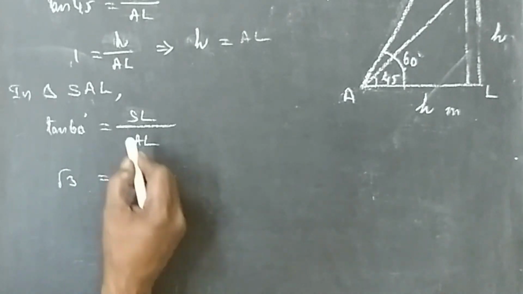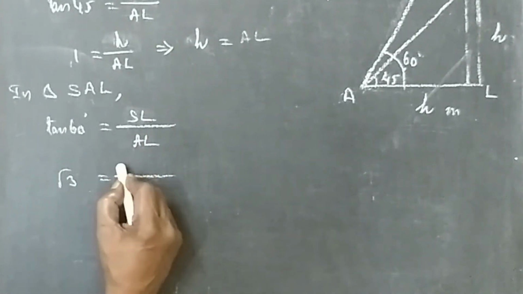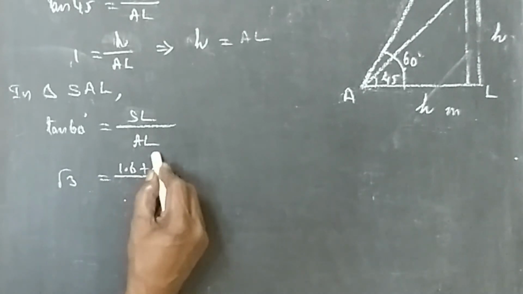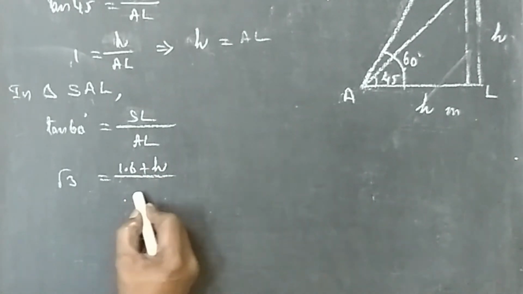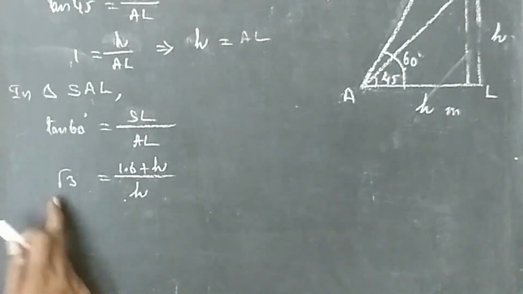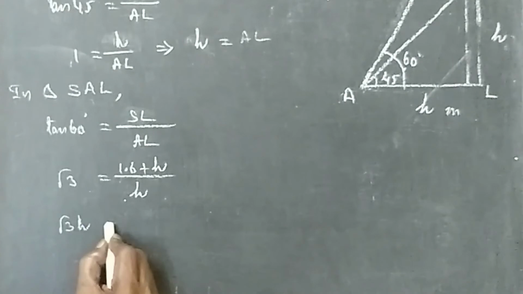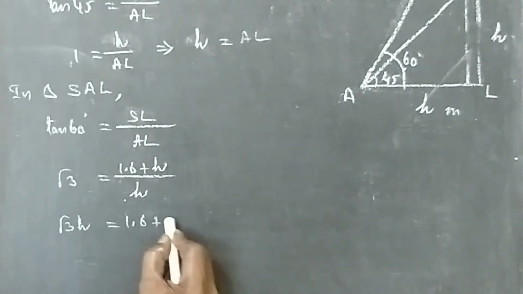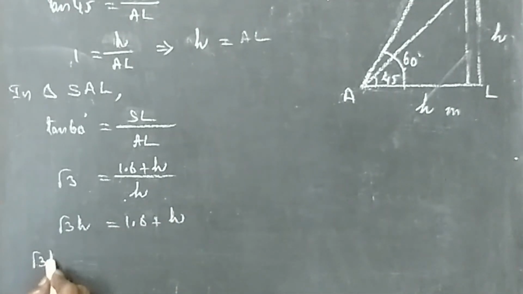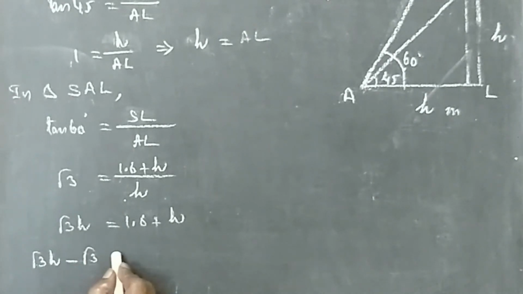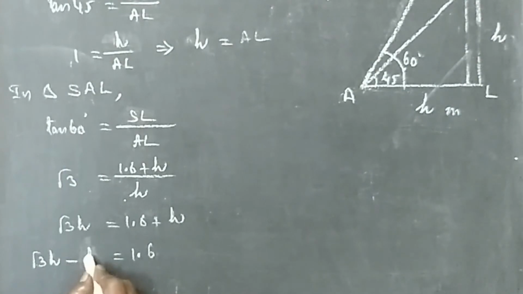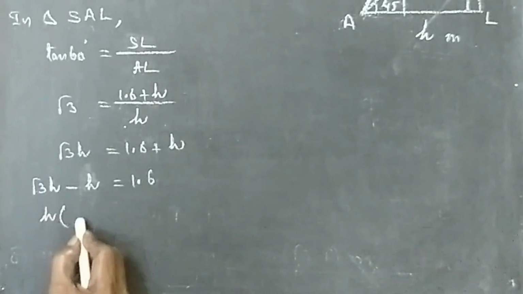This is equal to SL, which is nothing but 1.6 plus H, by H. That is root 3 H is equal to 1.6 plus H. Root 3 H minus H is equal to 1.6. Here H is common.